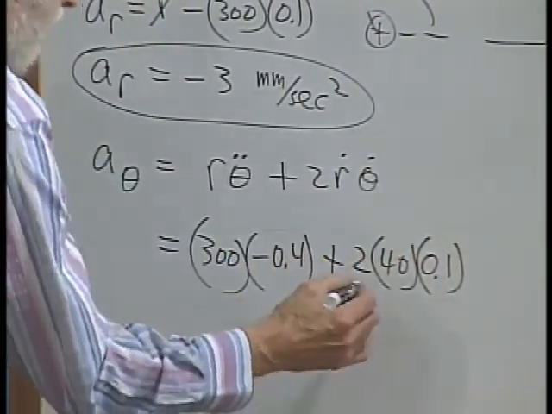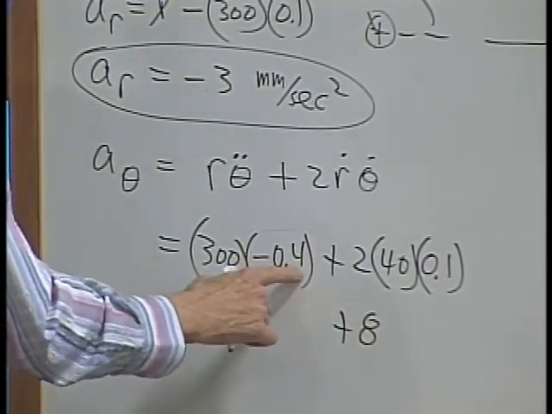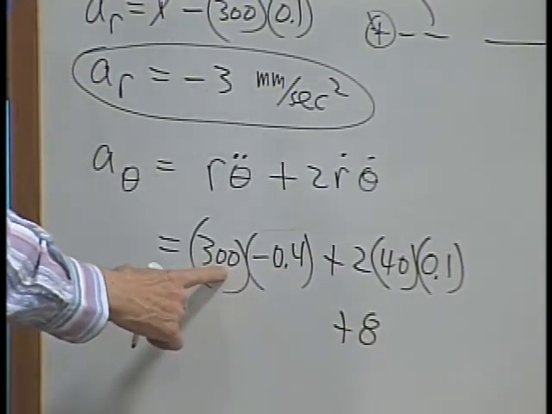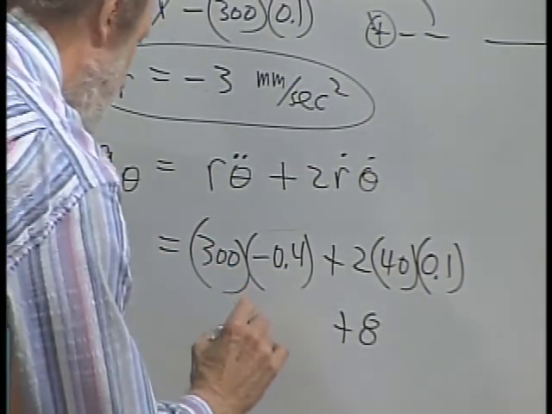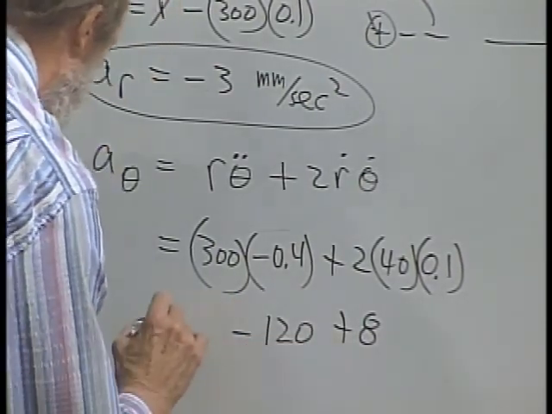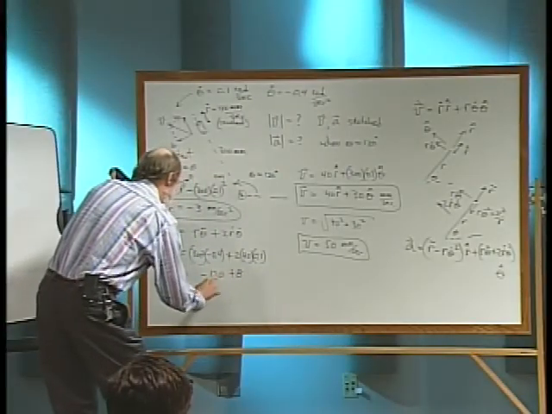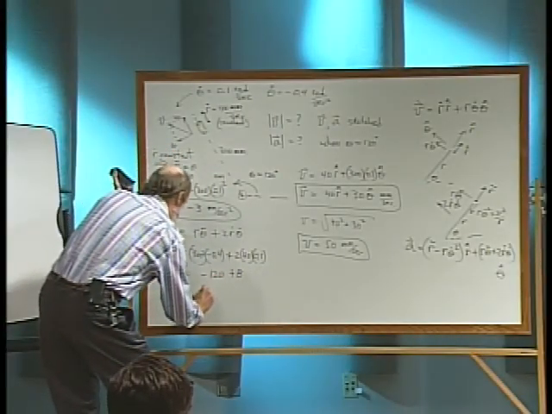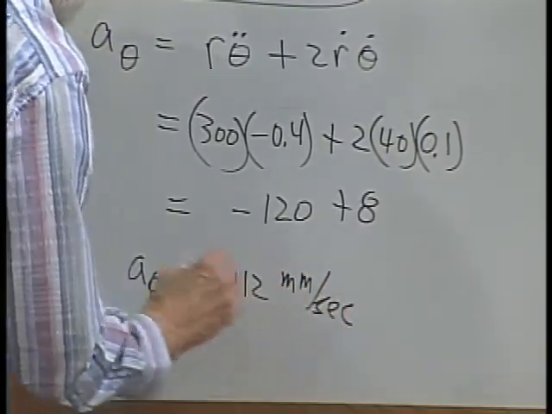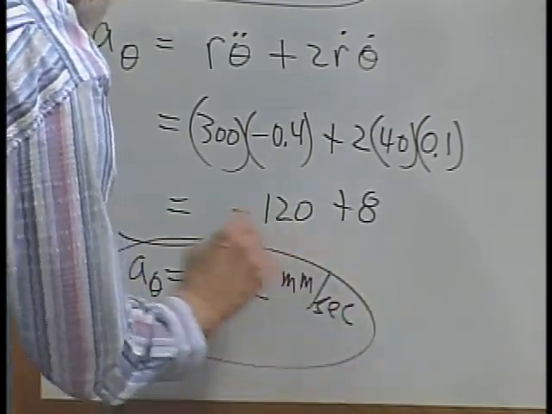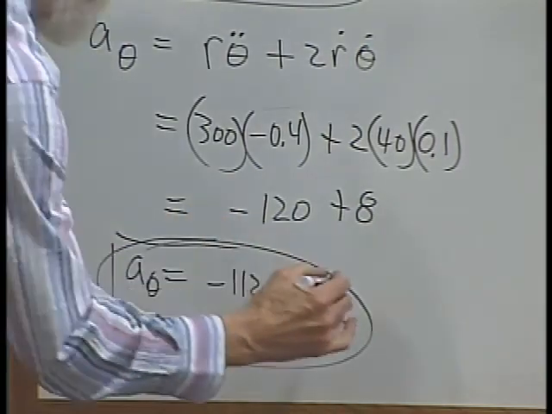So there's 8 right there. And this one right here is 40% of 300, which is 120, -120. And the sum of those for a_theta is -112 millimeters per second as an intermediate result. Squared. Thank you. Millimeters per second squared.